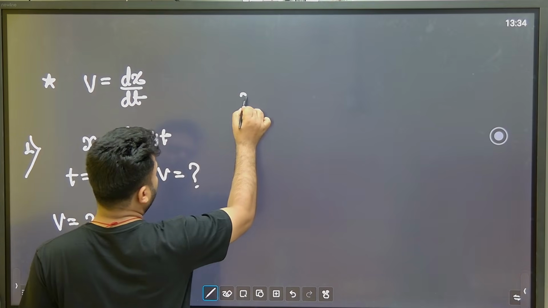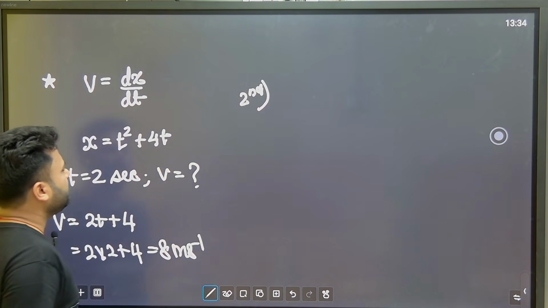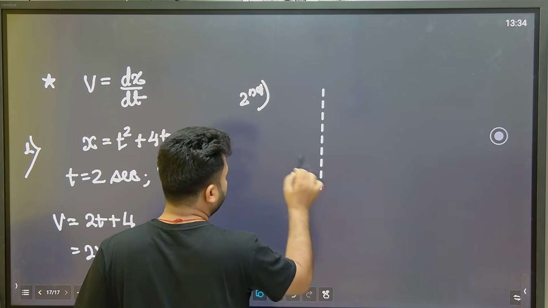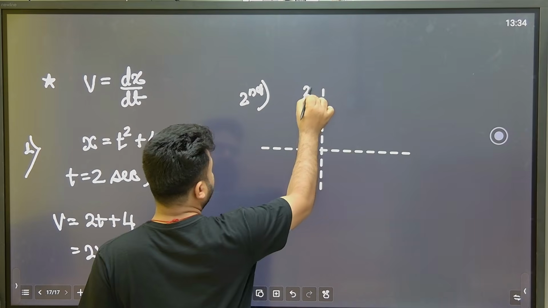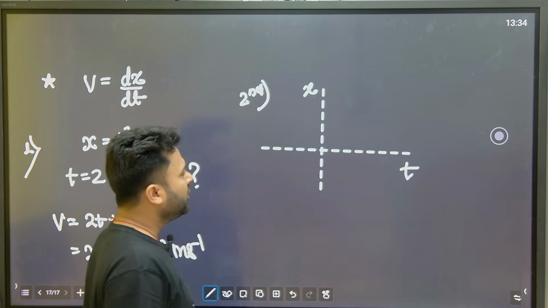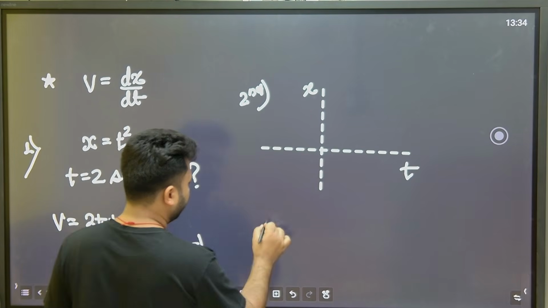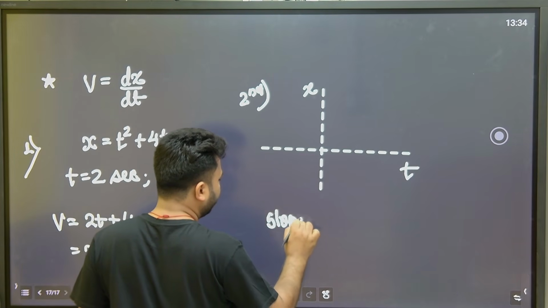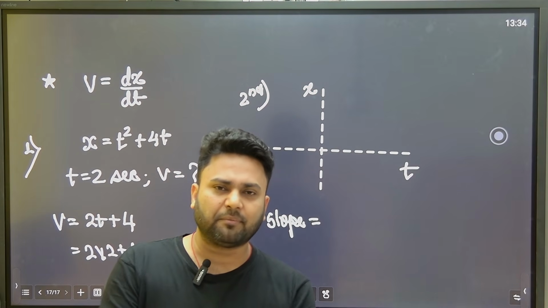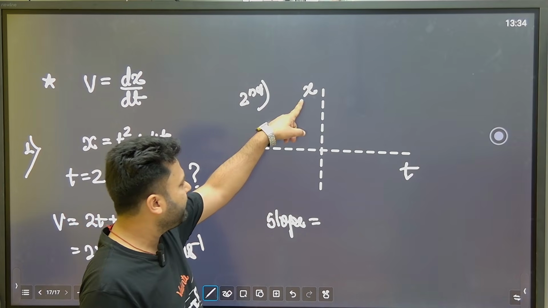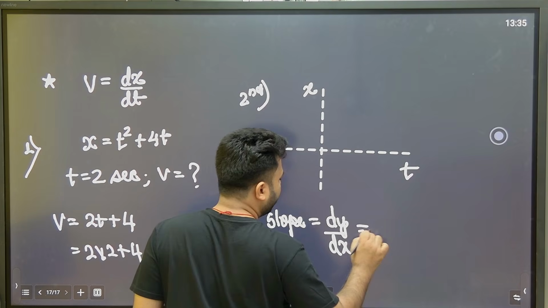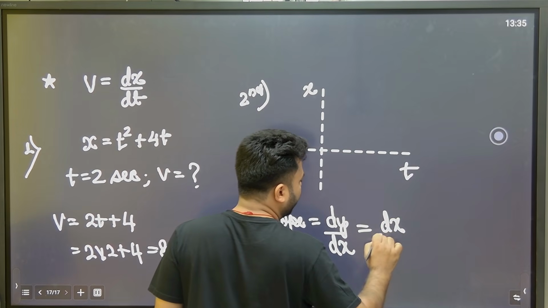Second type, what can we write? See, suppose this is x. x means distance or position versus time graph. What will be the slope of the graph? What will be the slope of the x versus t graph? What is the general formula for slope? dy by dx. In basic maths I told. So in place of y we have x, and in place of x we have t.